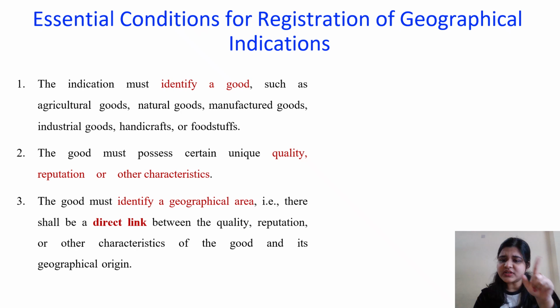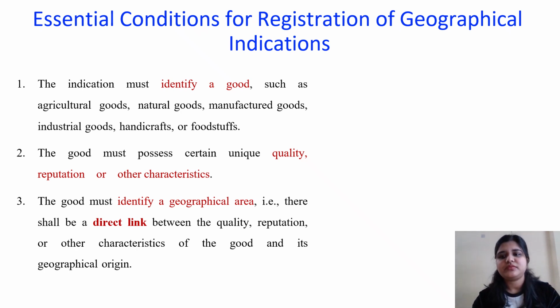Goods that are to be registered under the GI Act must come under any one of these five categories, and the good must possess some unique quality, reputation, or other characteristics of the place of origin, and those characteristics must be directly linked to the place of origin.